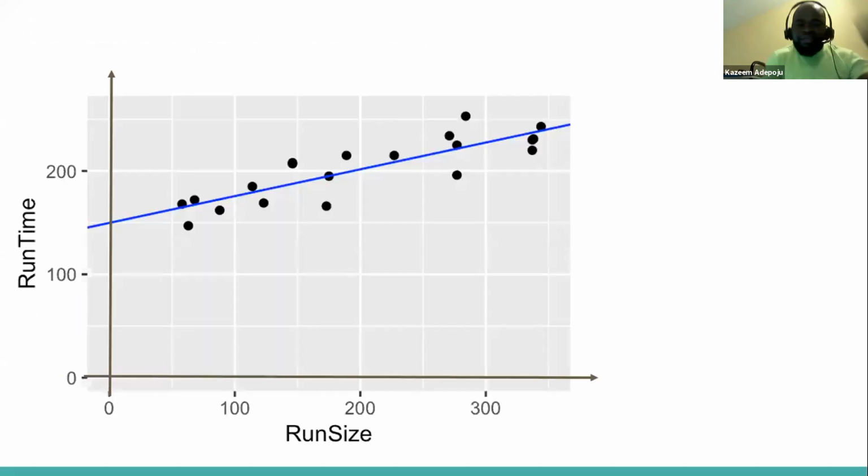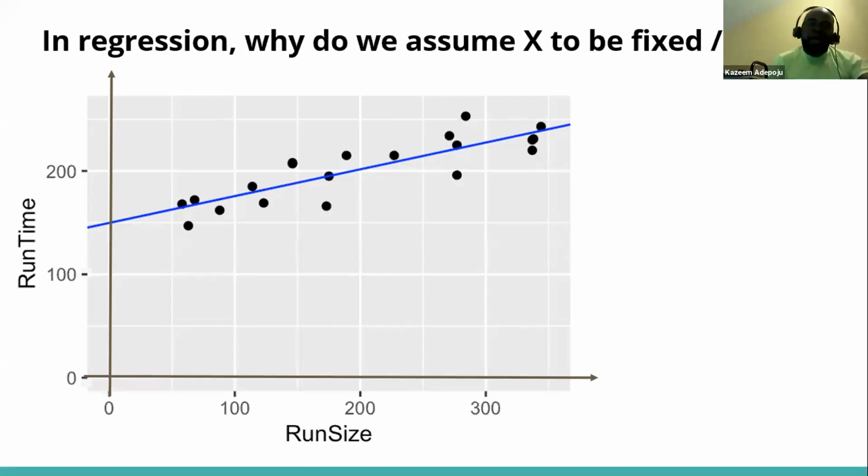In the next slide, you remember the other time where we talked about the run time and the run size. You remember when we tried to look at the relationship between the run time and the run size, where the run time is the response variable and the run size is the predictor.